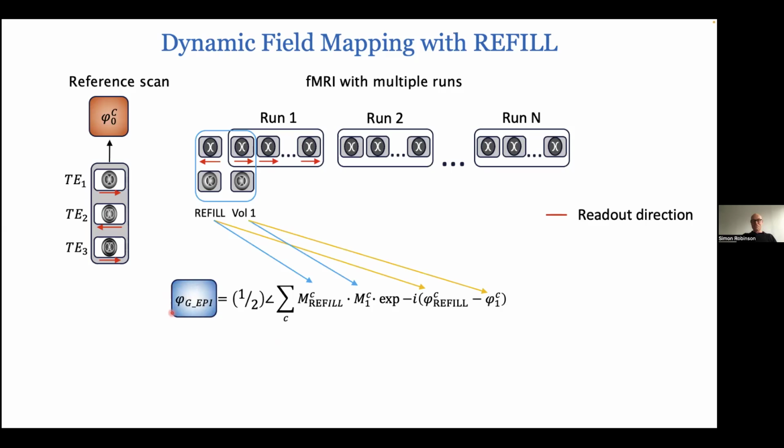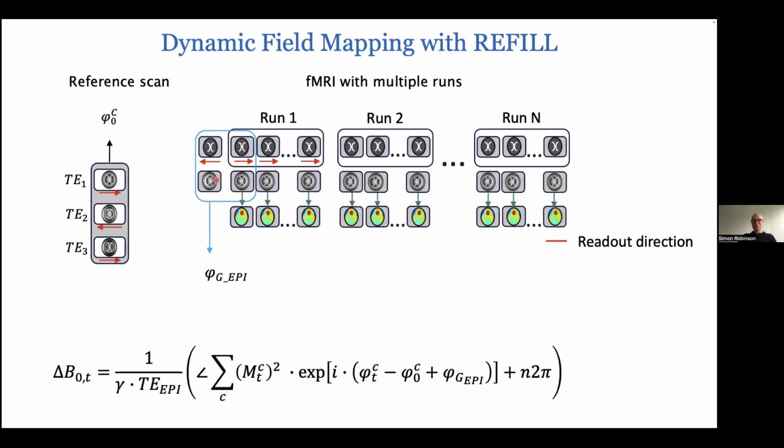So the phase gradient here in the EPI is then just related to the difference between the phases of these 2 first volumes. So once we know that, we have everything that we need in order to calculate a reliable set of field maps from the phase of all of these fMRI time points.